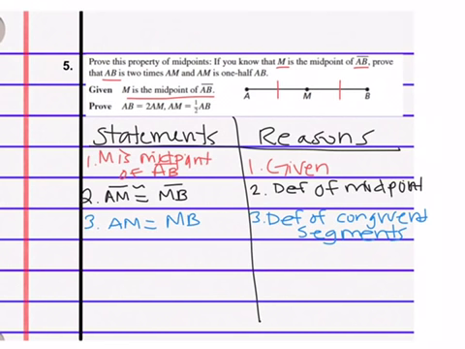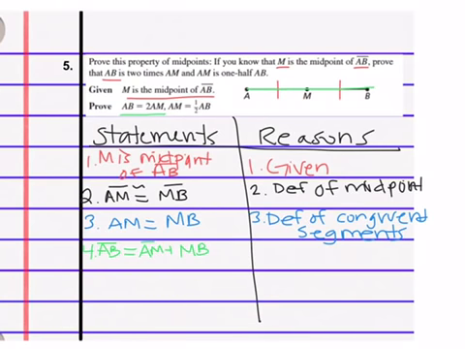Okay. Now, let's think about line 4, a little bit tricky. Remember, our goal here is to prove that AB equals 2AM. So let's start with AB. So here's A, here's B. What do we know about line segment AB? I can see that line segment AB equals AM plus MB.